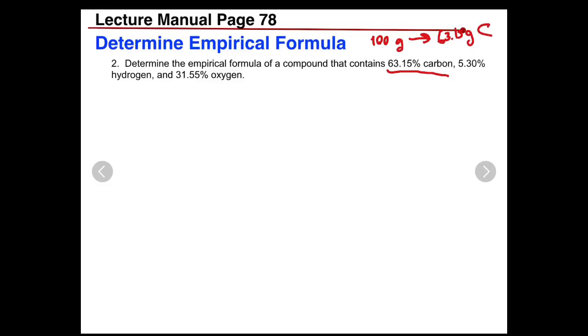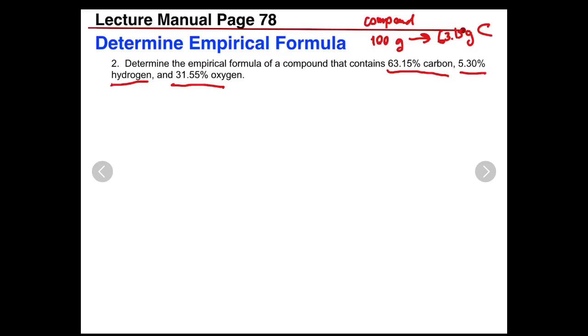That's what it tells us. If you have 100 grams of compound, this is how many grams of carbon it would contain. That's what percent tells us. Same thing with all of these. The percent tells us that out of 100, how much of each element is present.